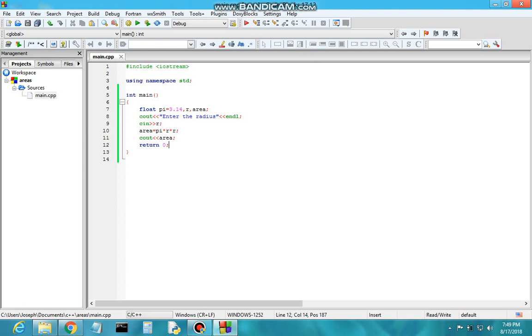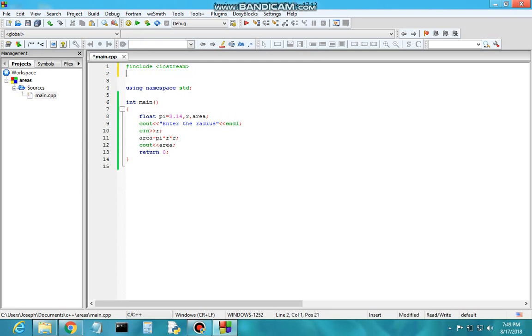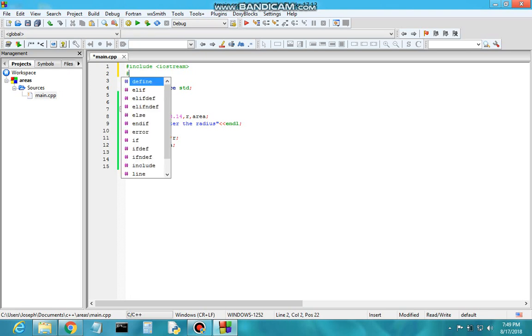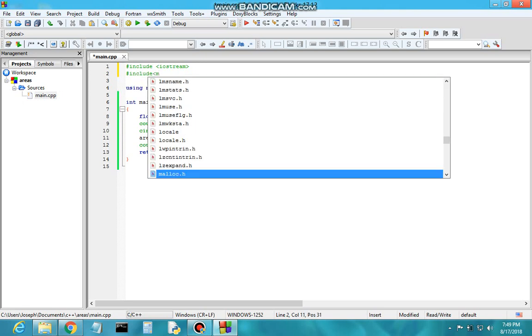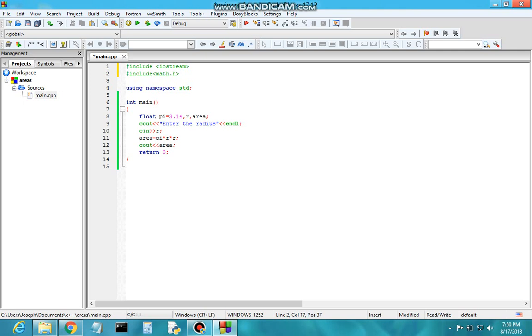Now let's include a new thing, that is include math.h. So why are we typing this math.h? Wait, this time I'm going to show an example of how to calculate the area of a triangle.